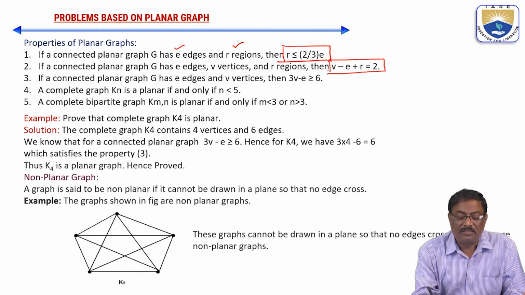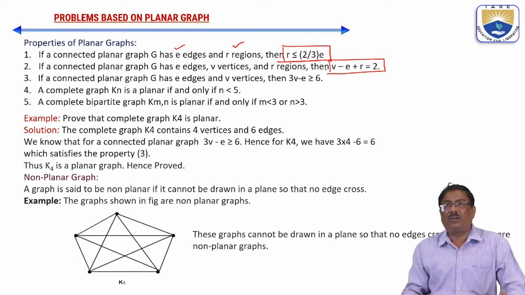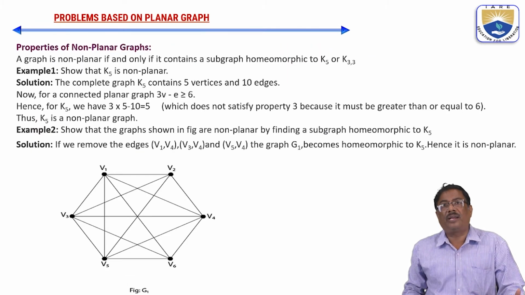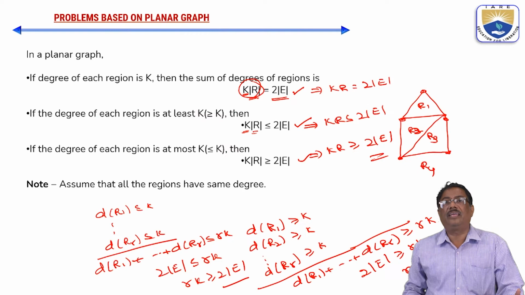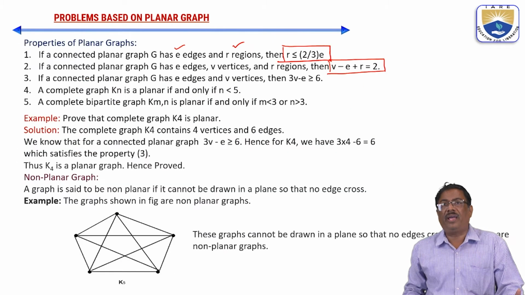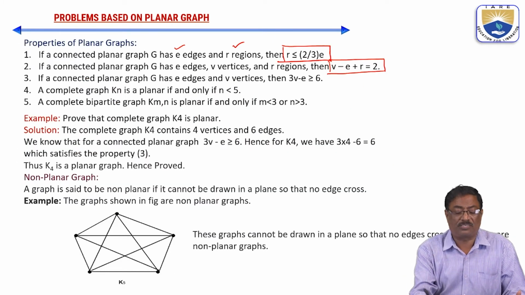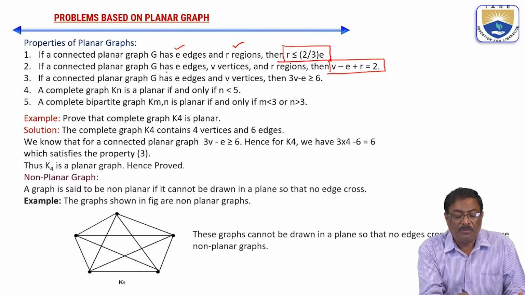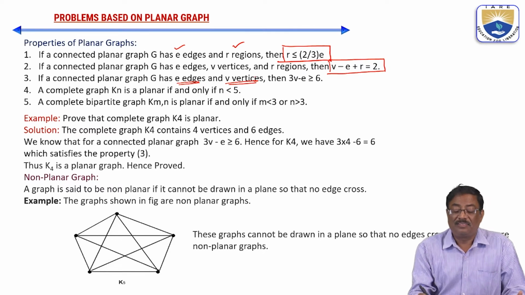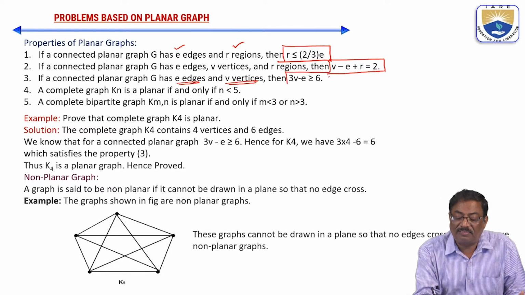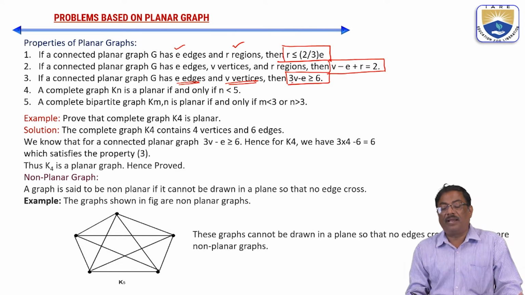And then the another one is that whatever properties we have discussed so far, we are going to write all of them in a summarized way, and we are going to add one or two extras. If G is a connected planar graph with E edges and V vertices, then the relationship is 3V minus E is greater than or equal to 6.